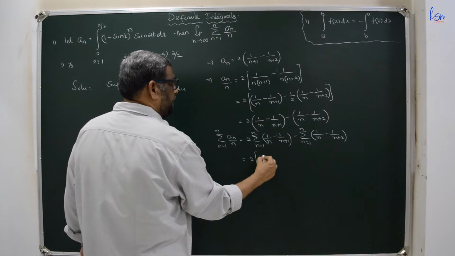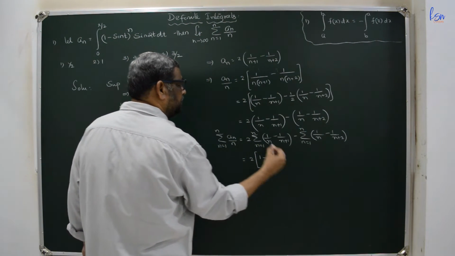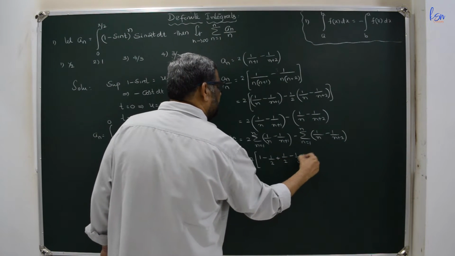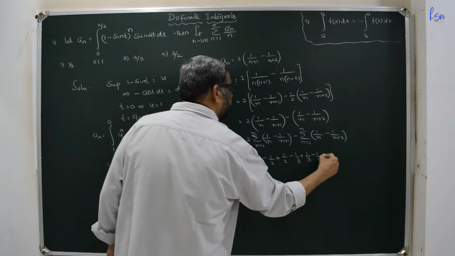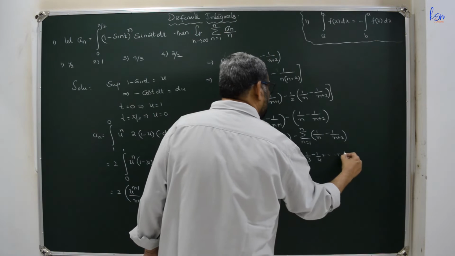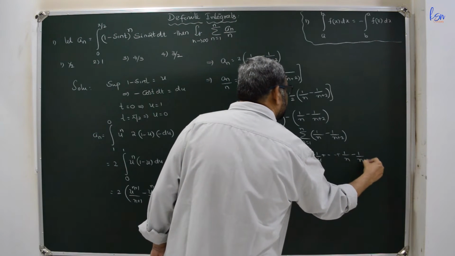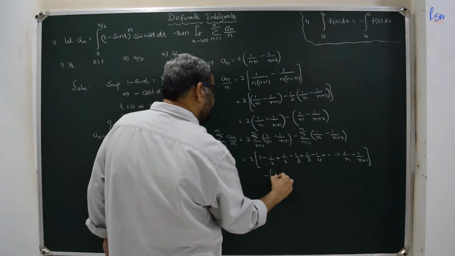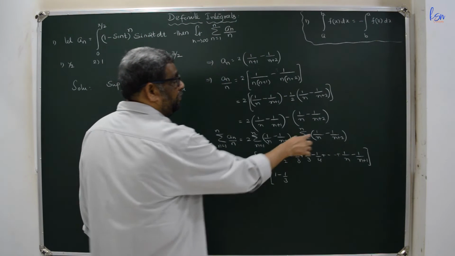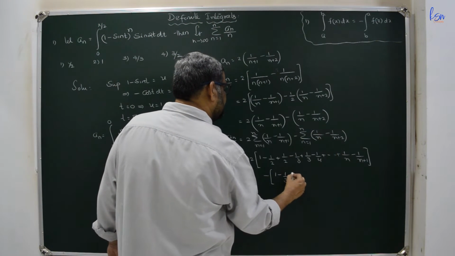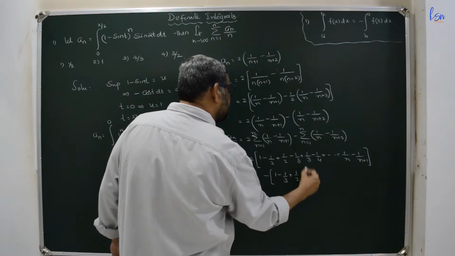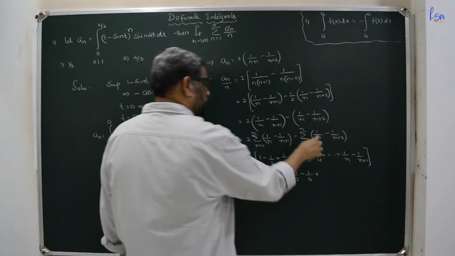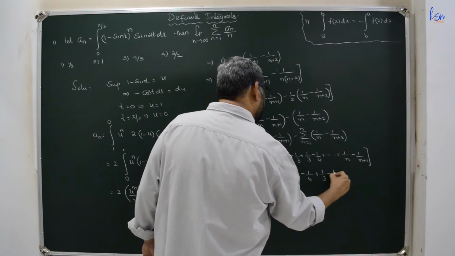For n equal to 1, 1 minus 1 by 2, plus 1 by 2 minus 1 by 3, plus 1 by 3 minus 1 by 4, and so on, plus 1 by n minus 1 by n plus 1. Minus, again applying this sigma, 1 minus 1 by 3 plus 1 by 2 minus 1 by 4 plus 1 by 3 minus 1 by 5.